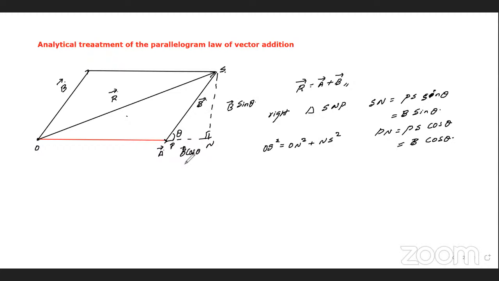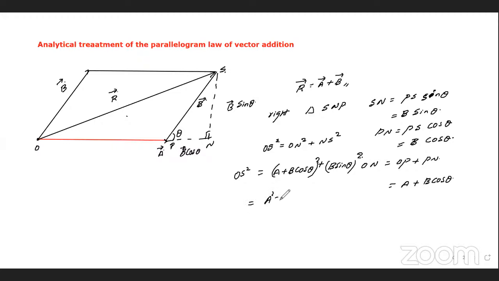And I'll write this ON as OP plus PN. OP is nothing but your A, and PN is nothing but your B cos theta. I'm going to substitute the relation here. So OS square is equal to A plus B cos theta whole square, plus B sin theta whole square. So I'm going to square it.